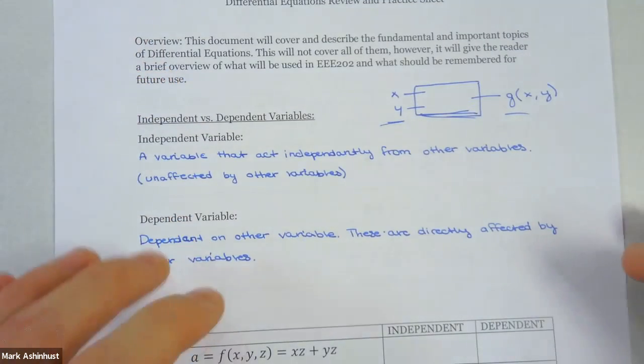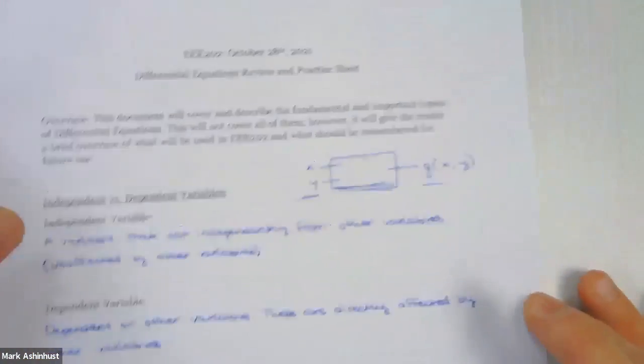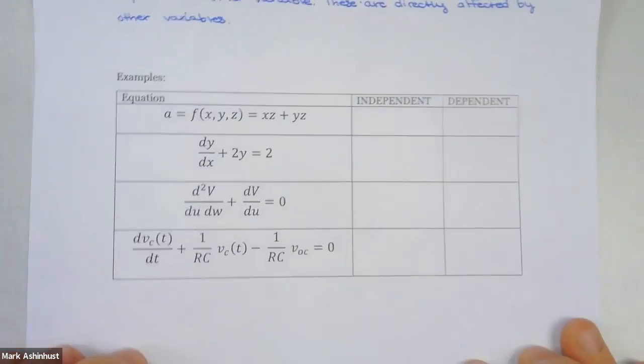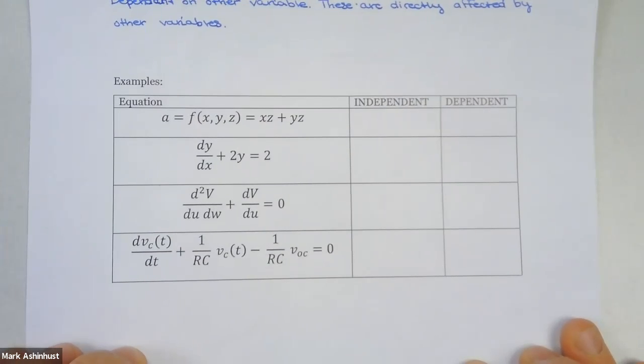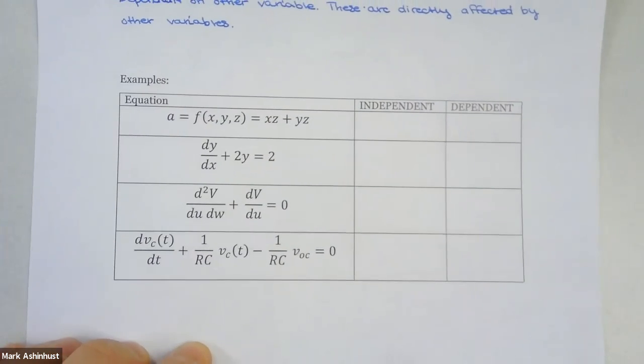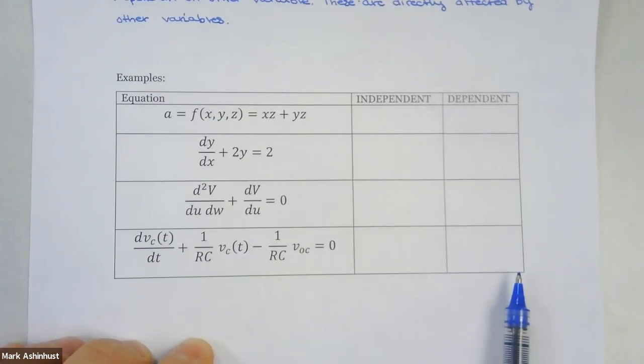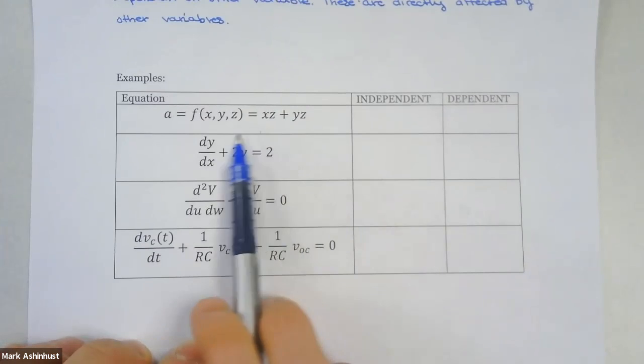So now we can look at some examples of this here. Now we can start and look at the first one. So really we have two columns here for independent and dependent. And what we're doing is this isn't something where you distinguish and say, oh, this equation is independent.